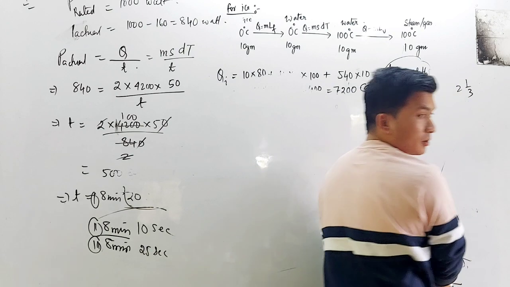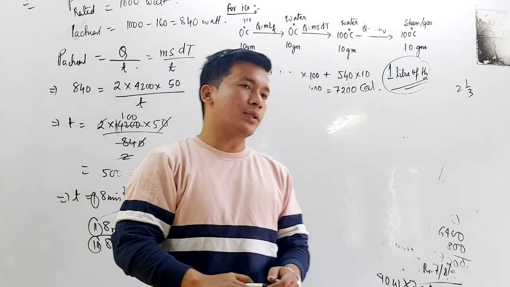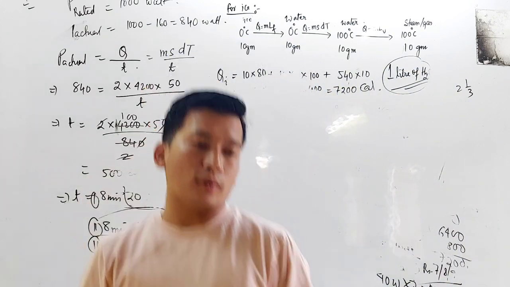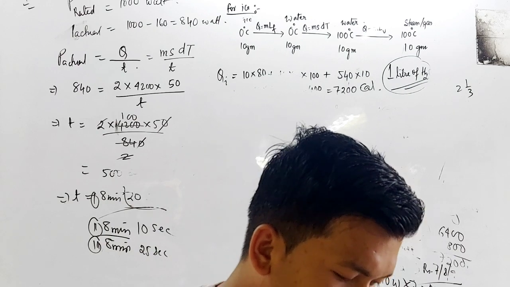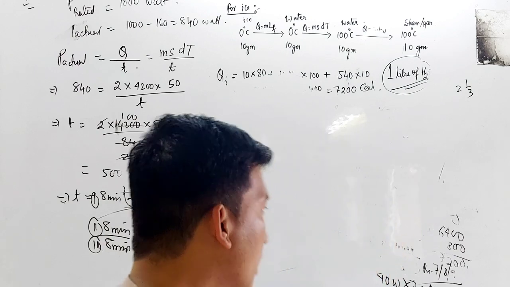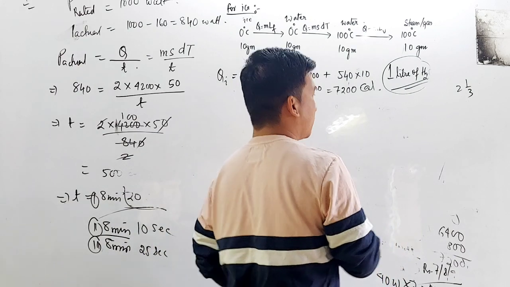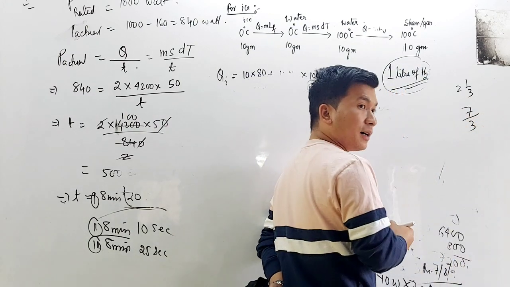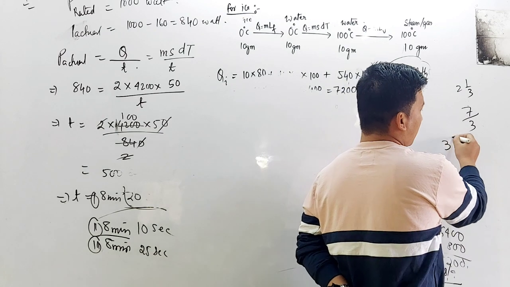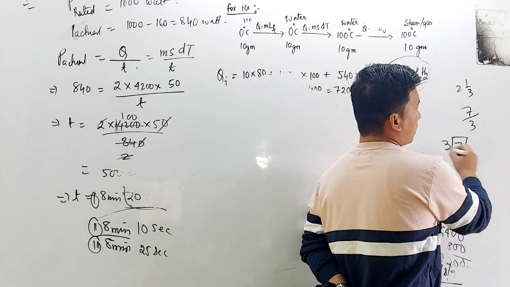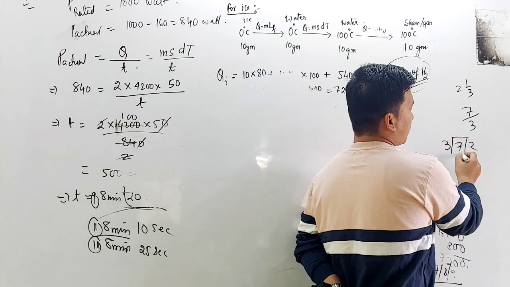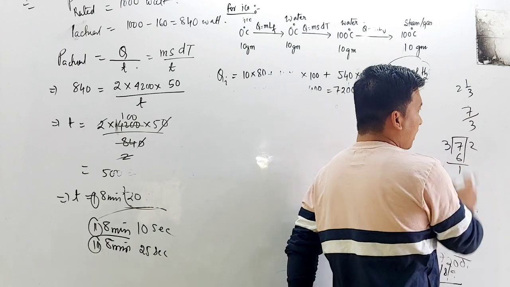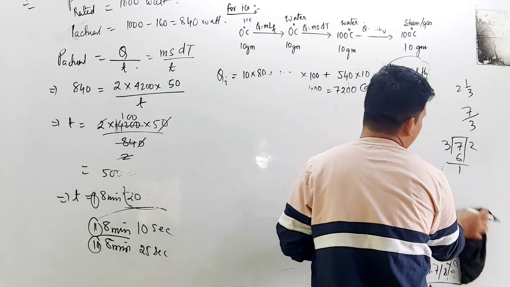Mixed fraction: 2 and 1 by 3. 2 whole number, 1 by 3. The value is 7 by 3. To convert back, we divide 7 by 3, which gives quotient 2 and remainder 1.